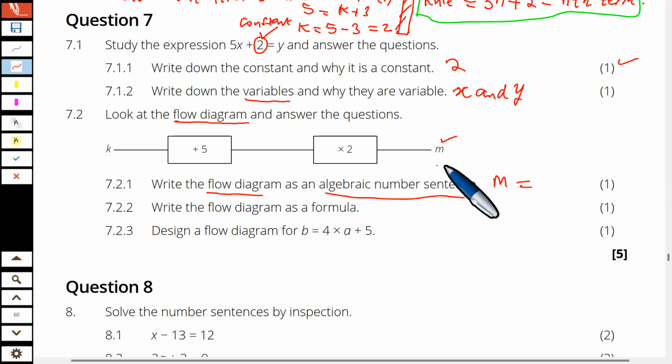Right. So now you look at this, and you're realizing that you have M as the output. So if M is the output, then you start with K. K is actually in 7.2.1.